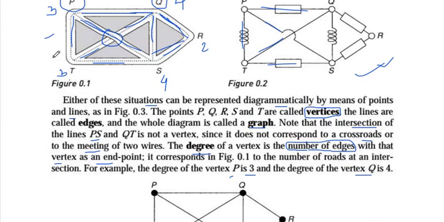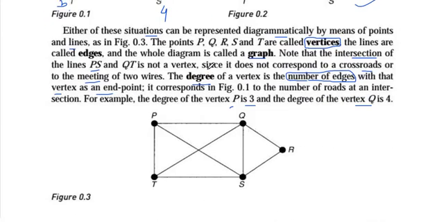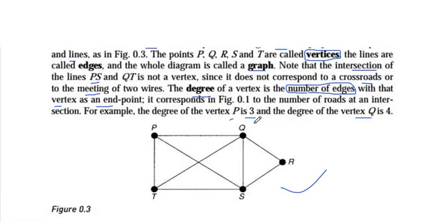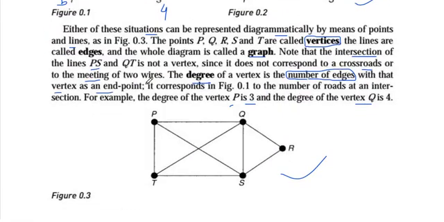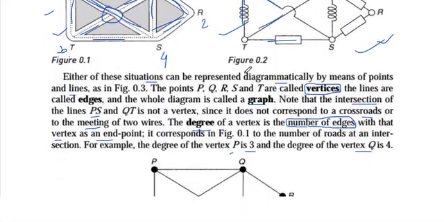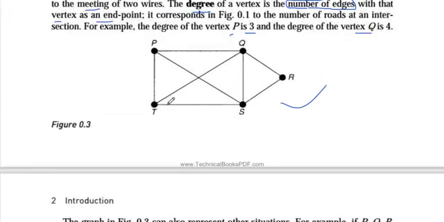Now this graph can also be represented like this. This is the same graph, but not with the road network and electric network.